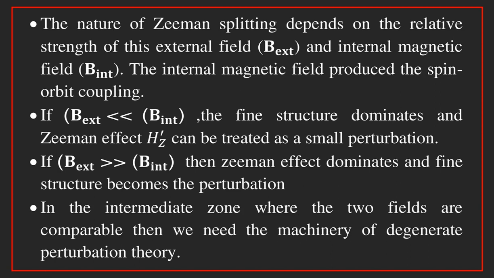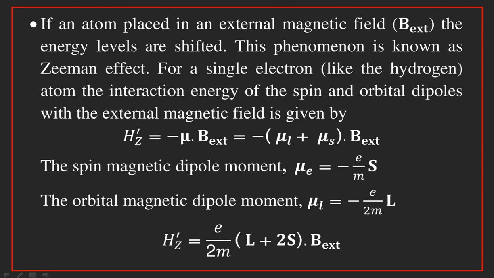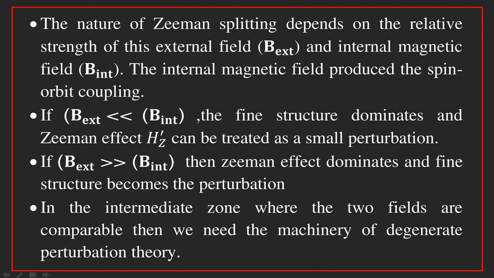So, in that case, the Hamiltonian of the hydrogen atom includes the main Hamiltonian of the original hydrogen atom plus the relativistic correction plus the spin-orbit coupling term. So the spin-orbit coupling becomes part of the main Hamiltonian, and the additional Hamiltonian, that is H_Z prime, is called the Zeeman Hamiltonian. The Zeeman effect becomes a small perturbation. So this is called the weak field Zeeman effect.